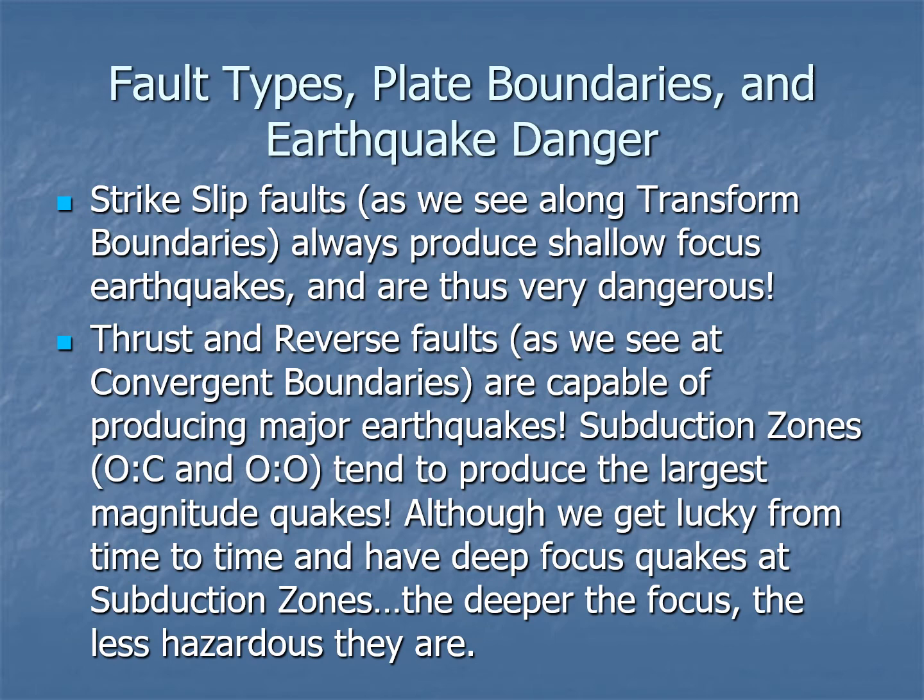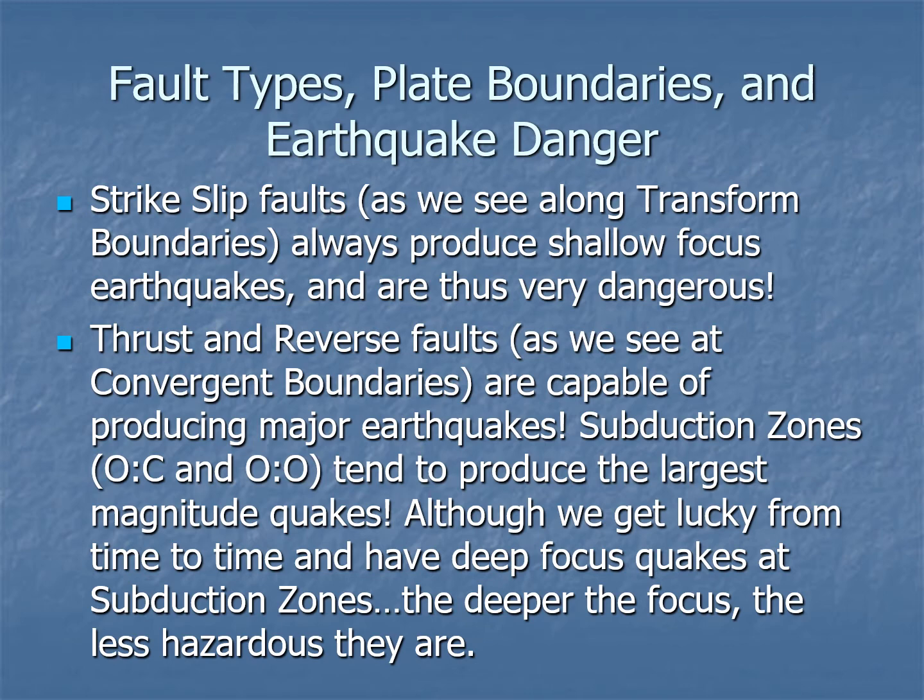All right, your thrust and reverse faults are capable of producing major earthquakes. And in particular, your subduction zone areas, ocean to continent and ocean to ocean, tend to produce the largest earthquakes, especially if that earthquake occurs right there at the plate boundary, right at the plate interface.